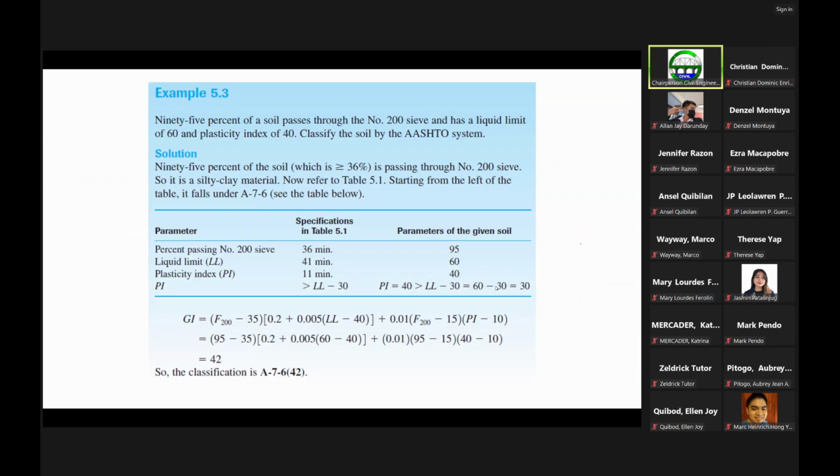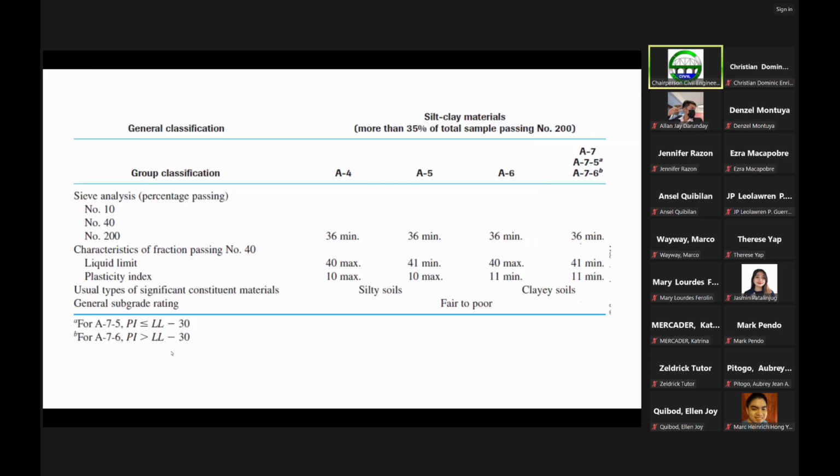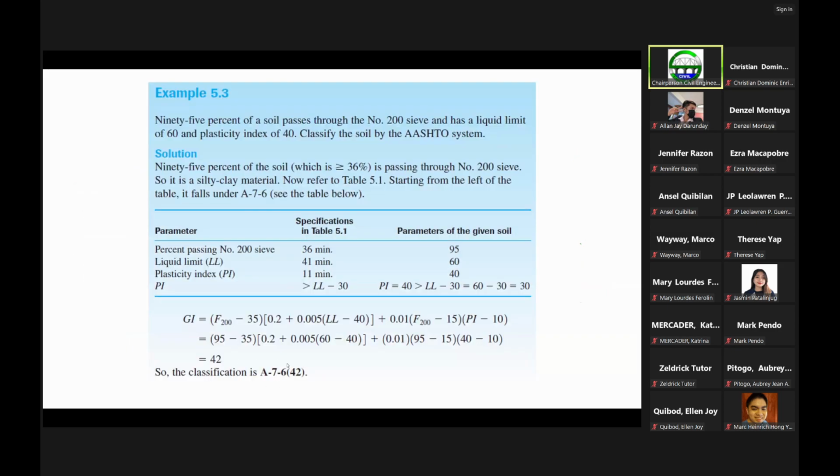The liquid limit is 60, minus 30 is equal to 30. If you compare that to the PI, which is 40, the PI is greater than this term here. So that means we have an A-7-6 material.